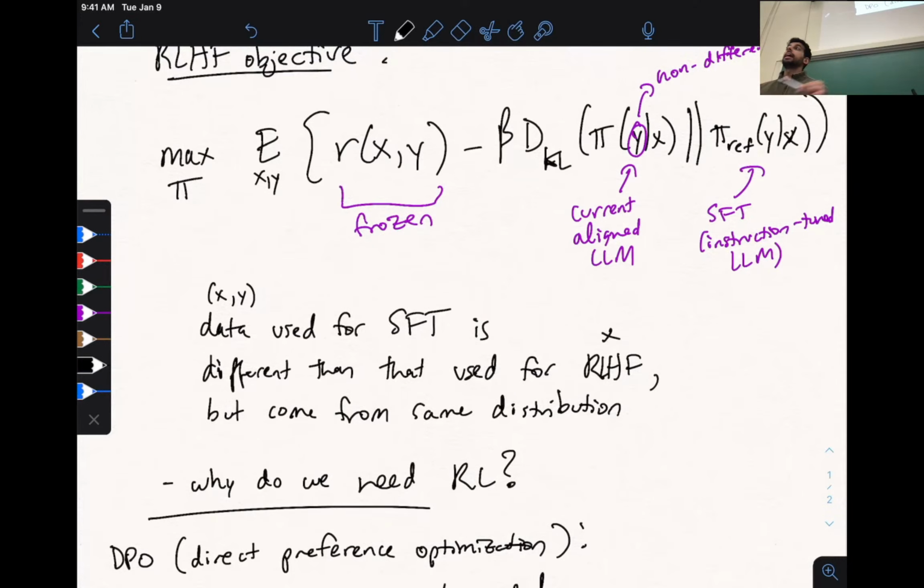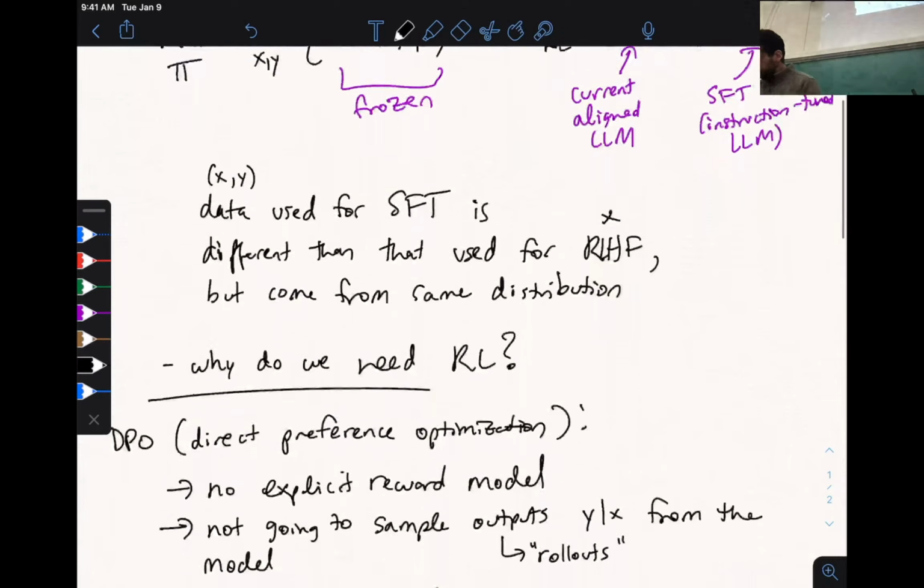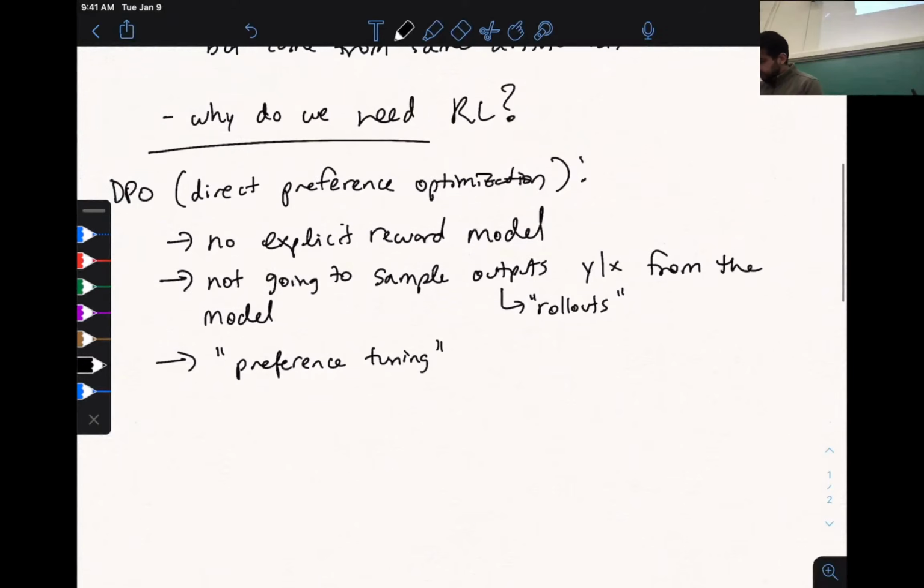And we can then solve for the reward model in terms of this optimal policy, plug it into our Bradley-Terry preference model, and get an objective function that maximizes the likelihood in this new parameterization of the Bradley-Terry preference model. Okay, so let's get started.